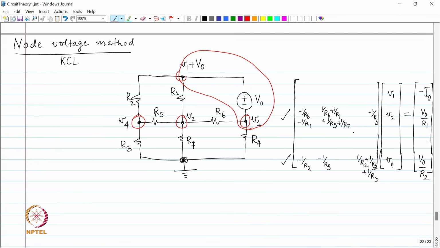So, let us write out V 1 by R 4 plus V 1 minus V 2 by R 6, correct, plus V 1 plus V naught minus V 2 by R 1 plus V 1 plus V naught minus V 4 by R 2 is equal to 0.